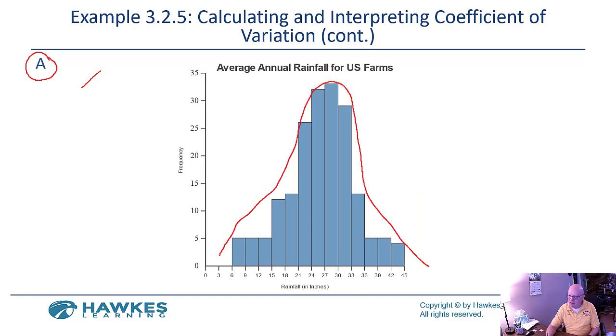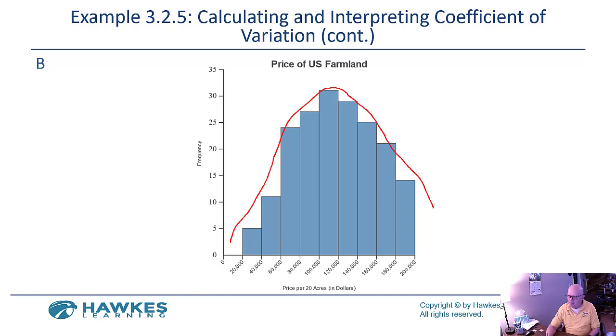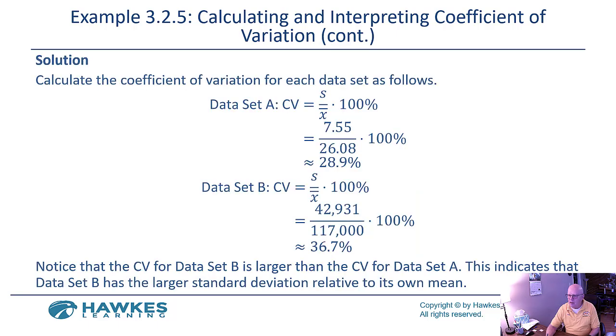There's A, there's B. What's the difference? Calculate the coefficient of variation for each one of those. For data set A, you've got a coefficient of variation of 28.9. Second one, 36.7. So that means data set B has a larger standard deviation compared to its mean.